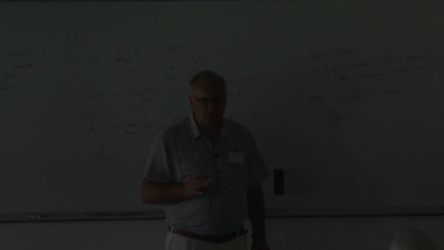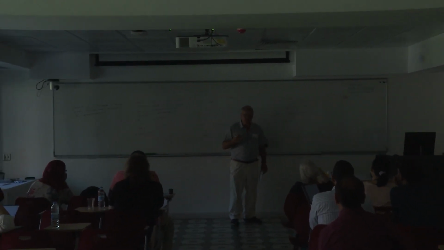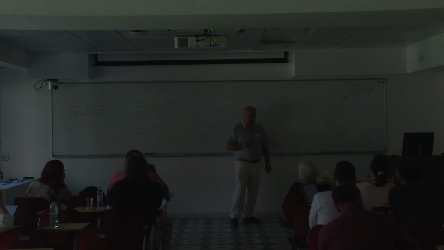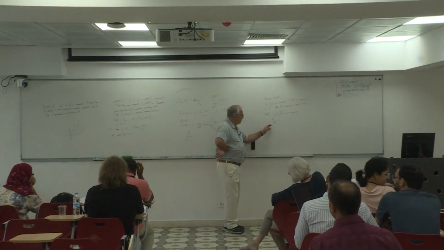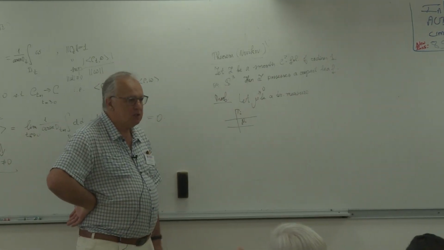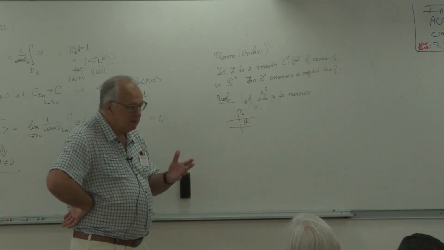It's a closed invariant set, invariant in the sense that with every point it contains the whole leaf which passes through this point. Okay?